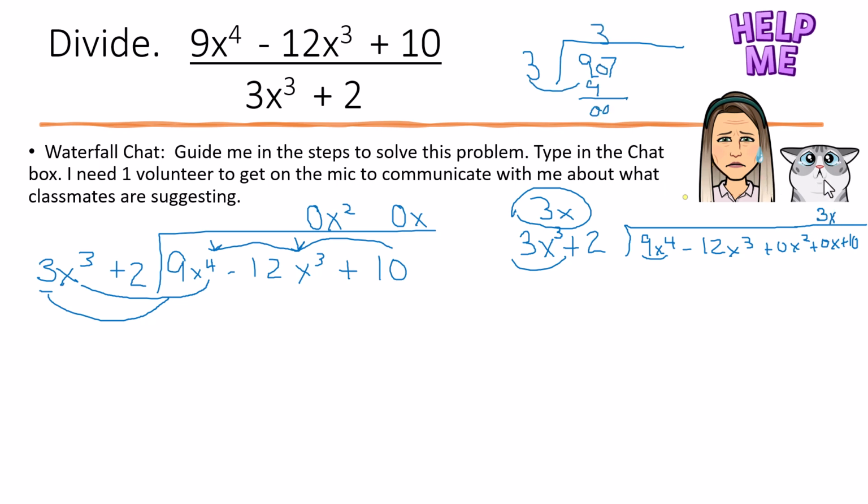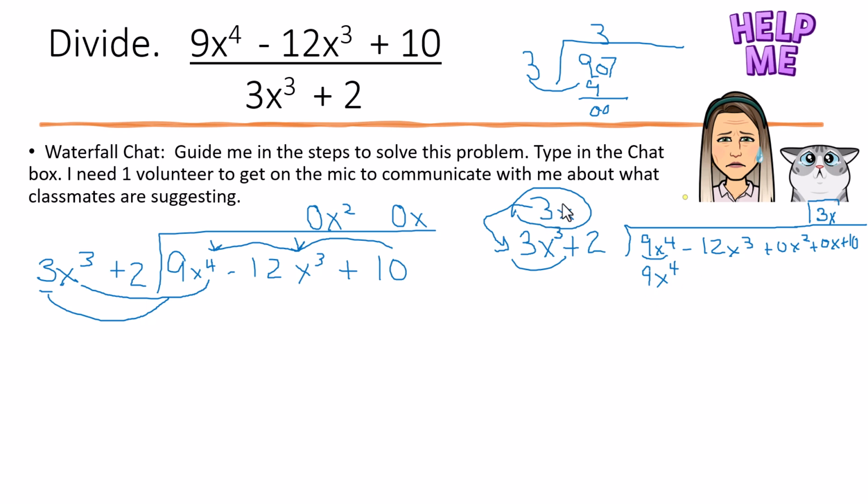All right, but just make sure that you're lining up over that term. That kind of gives you an idea of where to stop. All right, go ahead and multiply this, what we just determined we needed, to both terms. 3 times 3 is 9, and then x times x to the third is x to the fourth. And this is going to line up underneath that first term.